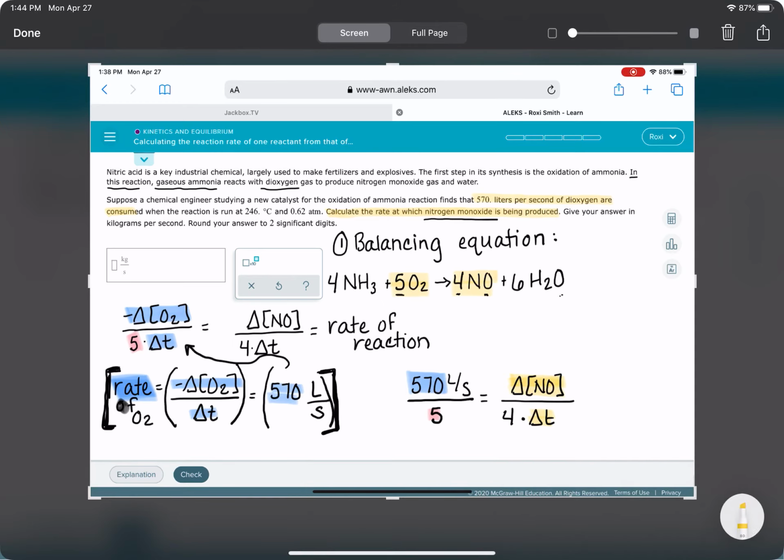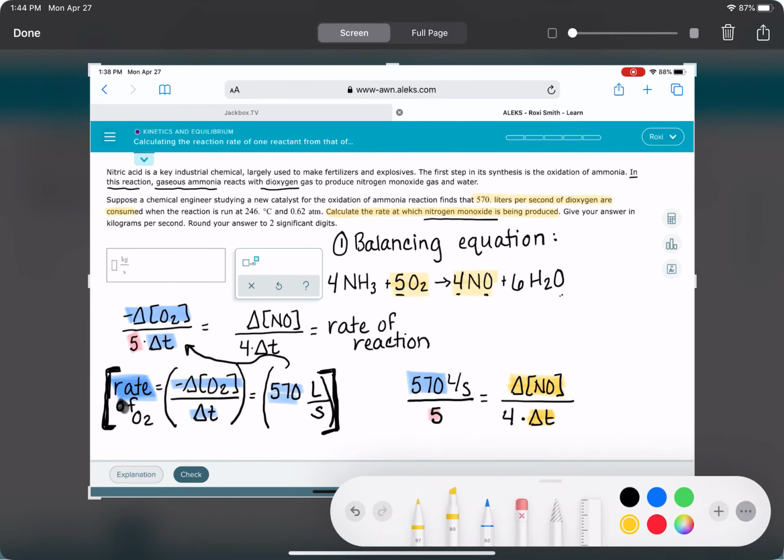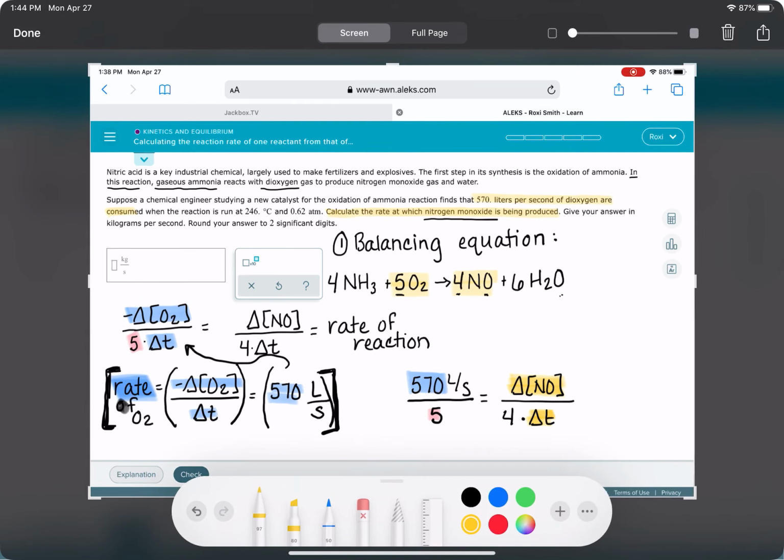We need to solve for this part of the equation. And what we need to do is take this 4. We're going to multiply both sides by 4 to get the 4 out of the right side of the equation. When we solve, we are going to end up with the rate of the NO. 4 times 570 divided by 5 is 456 liters per second.